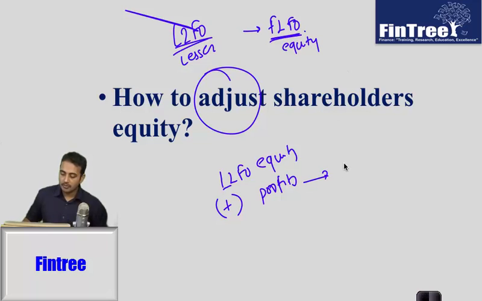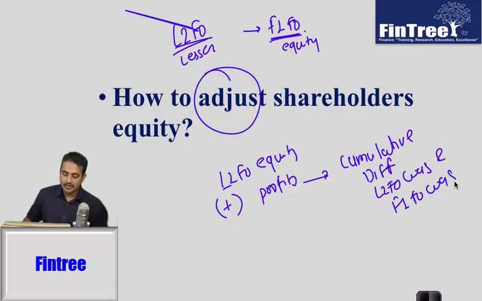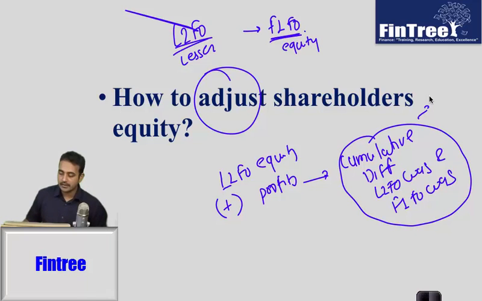That amount must be the cumulative difference in LIFO COGS and FIFO COGS. That is the amount by which profits must have been different. Cumulative difference of LIFO COGS and FIFO COGS. And that cumulative difference of LIFO COGS and FIFO COGS is nothing but LIFO reserve. Yes. So can I say it is the LIFO reserve by which amount of profits would be different?